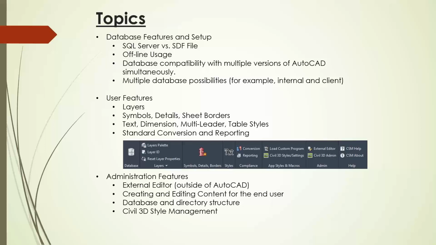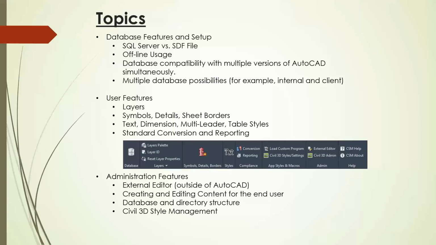The topics today, of course, are going to be how to deal with the database and set it up a little bit. Why is that important? I do want to make note here that you can have the database be compatible with multiple versions of AutoCAD simultaneously. Meaning if you have some users using 2019 and other users using 2022, for example, the database will be compatible with all of them simultaneously.